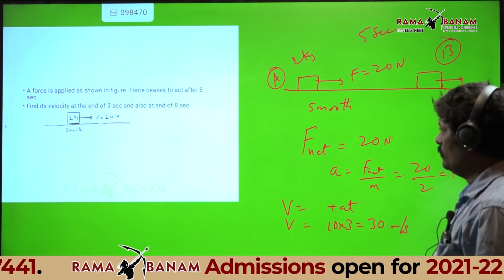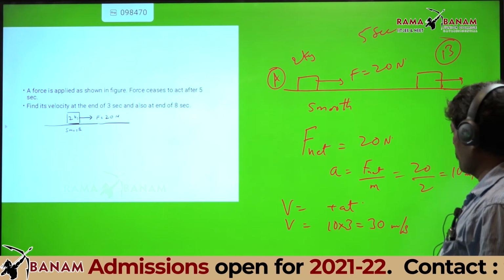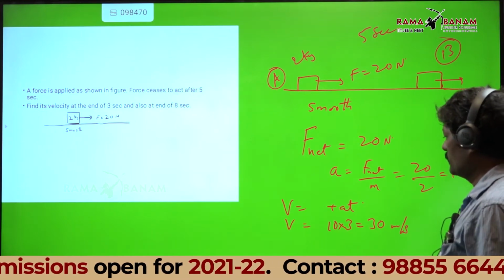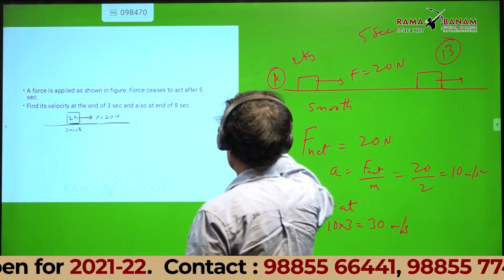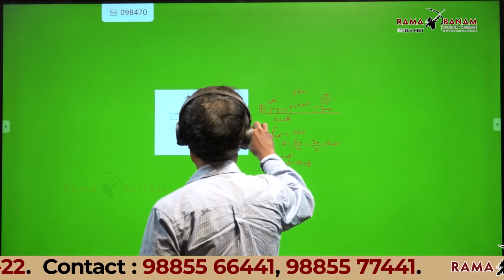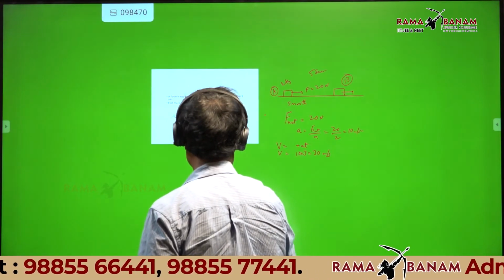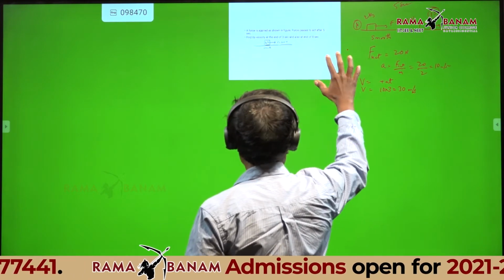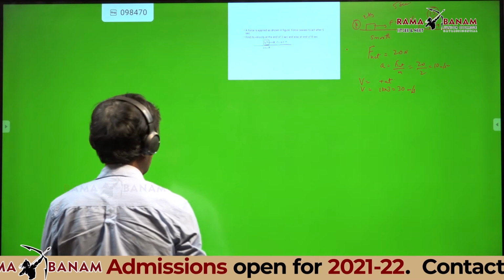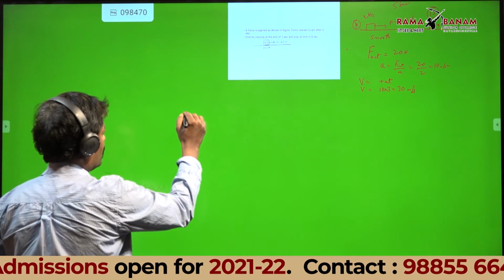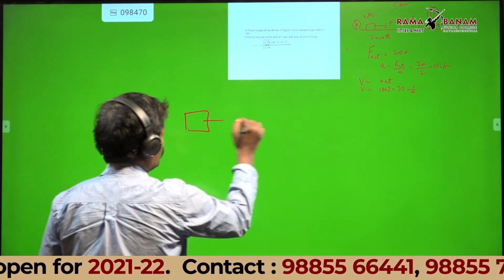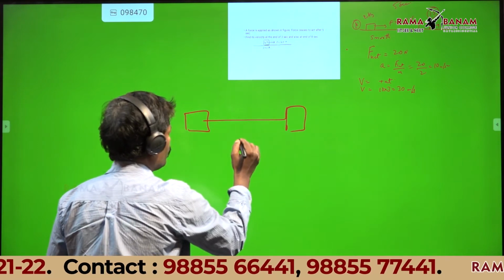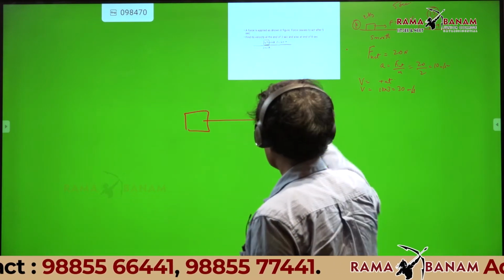This is completed now? Yeah. Now listen. Now we want the velocity at the end of 8 seconds. Already I told you it is acting only for how much time? 5 seconds.